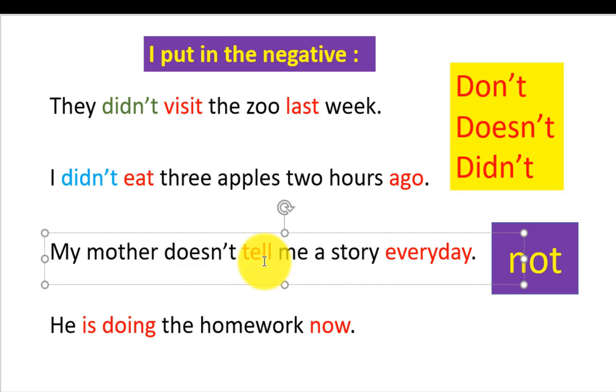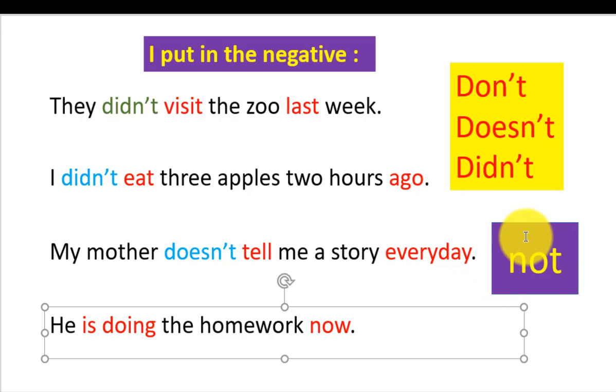The infinitive of goes, go. The infinitive of went, go. The infinitive of going, go. You understand what is the infinitive? It is the base form. It is the root of the verb. Okay? And we will say here, my mother doesn't tell me a story every day. Very good. There is not here. What is this not?